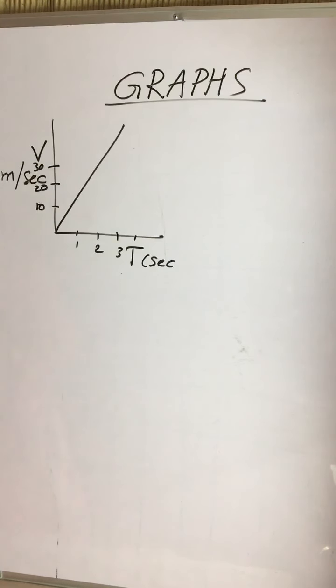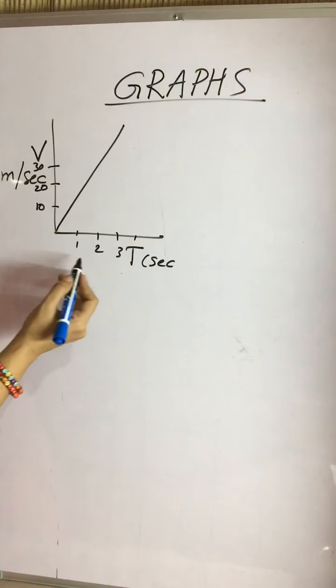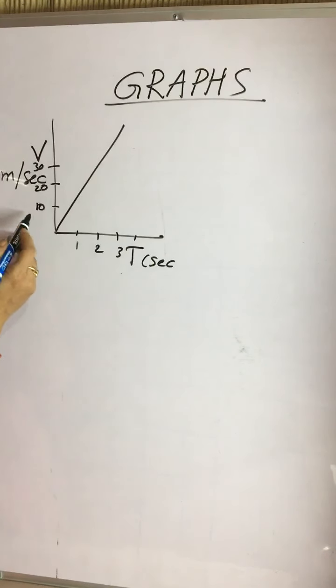Students, this graph does not show uniform motion. Why? Because here the body is not covering equal distances in equal intervals of time. See, in 1 second it is at 10 meter per second, but in 2 seconds it is maintaining the speed 20 meter per second.